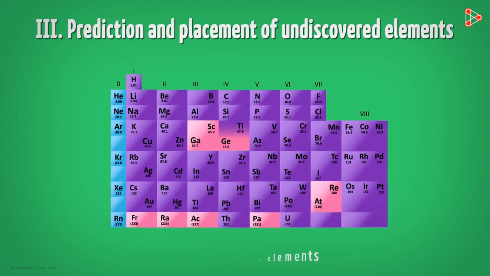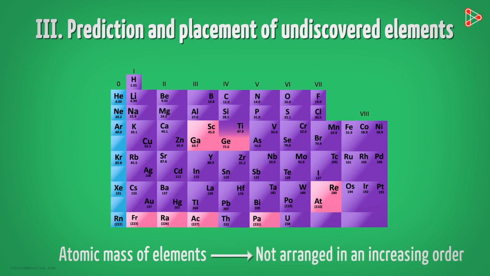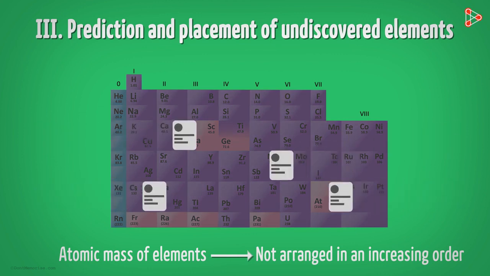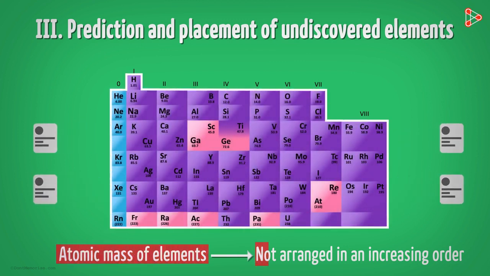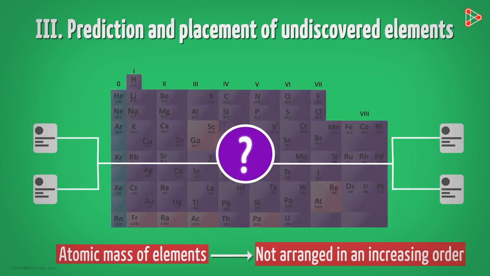However, the atomic masses of elements were not arranged in a constantly increasing order. Hence, if newly discovered elements were to be placed in the table, then their position would be confusing. But why? It's simply because if the atomic masses of previously discovered elements were not in a regularly increasing manner, then how and where will we place the new ones?